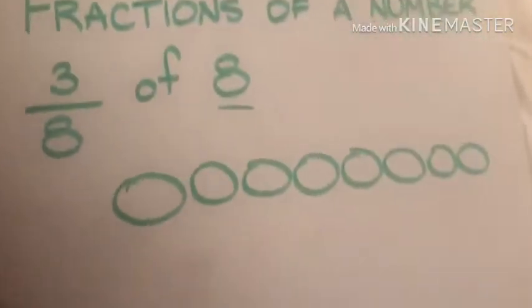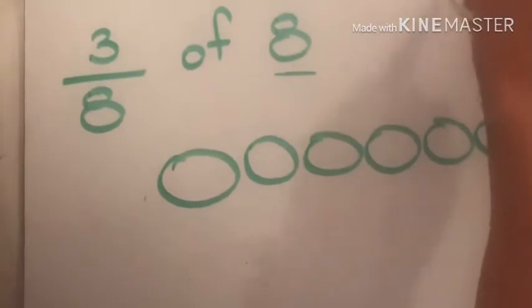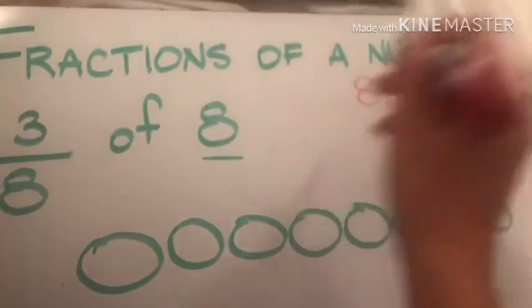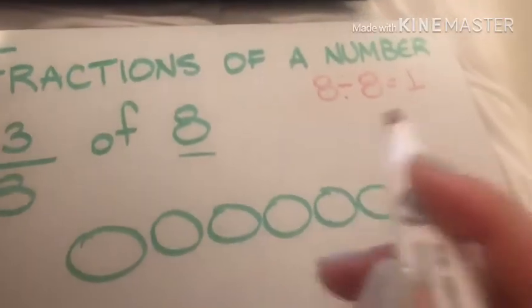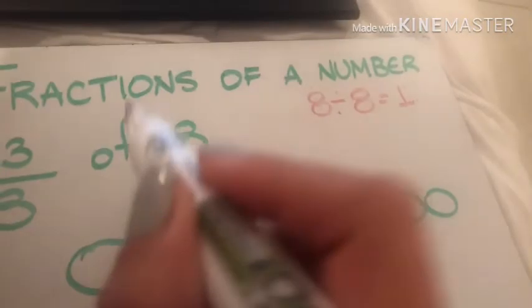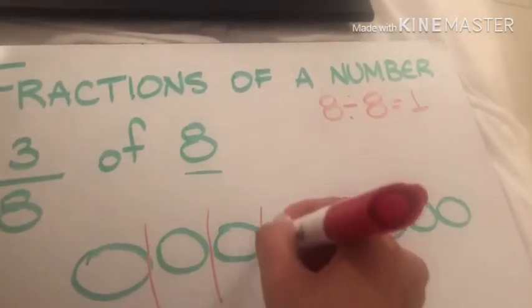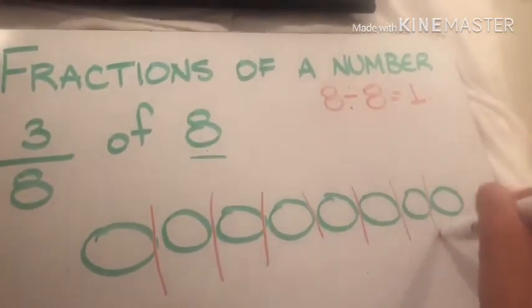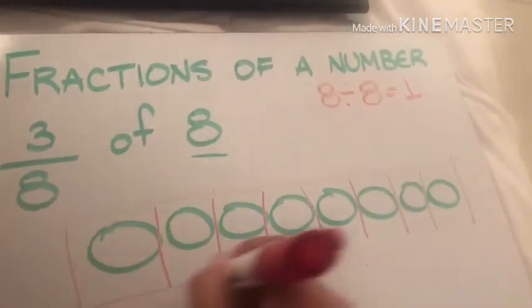Remember the little trick that I taught you? The way you do it is you divide 8 divided by 8. 8 divided by 8 equals 1, right? So you know you need 8 groups of 1. So 1, 2, 3, 4, 5, 6, 7, and 8. And I just make my little box.